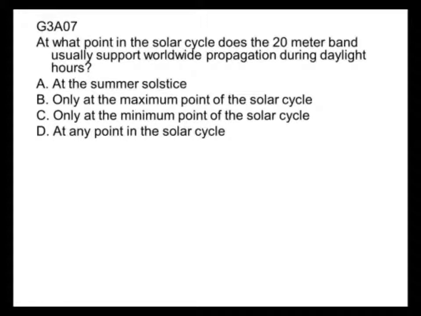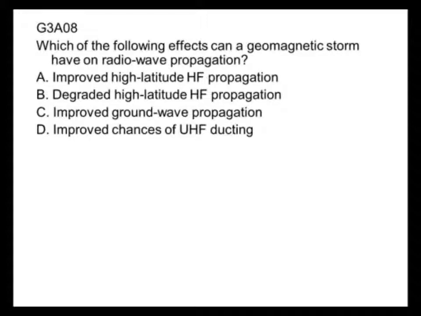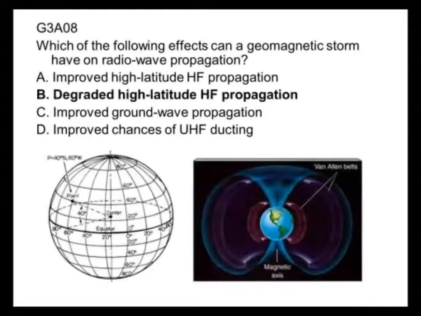At what point in the solar cycle does the 20-meter band usually support worldwide propagation during daylight hours? The 20-meter band is the most reliable band we have for long-range worldwide communications, and it's pretty good at any point in the solar cycle during the daytime. Which of the following effects can a geomagnetic storm have on radio wave propagation?